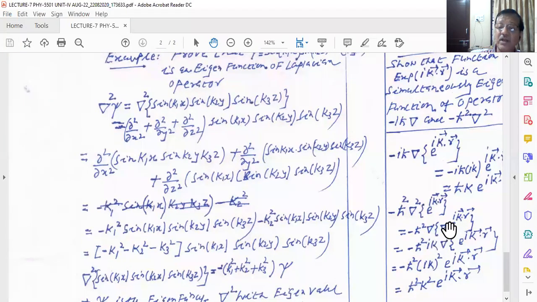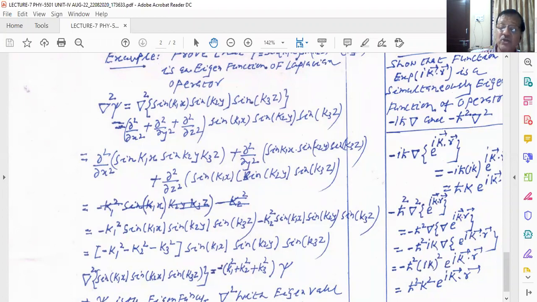Del operating on e to the power of ik dot r gives ik. So ik I take outside, and again the del operator operates on e to the power of ik dot r, and again it gives you ik. So ik into ik is i square k square, times minus h cross square e to the power of ik dot r.